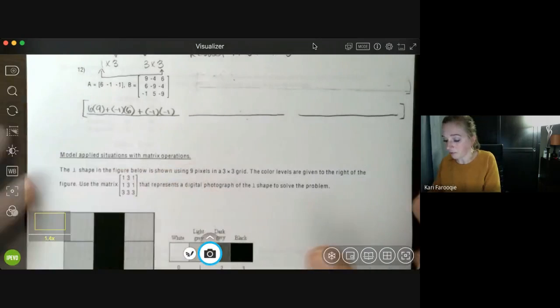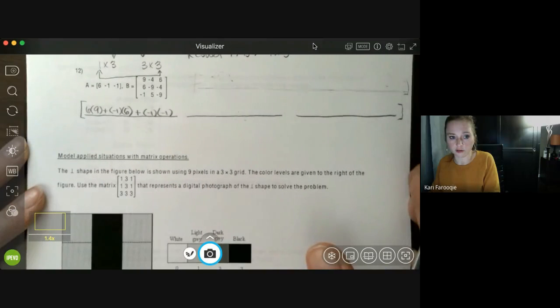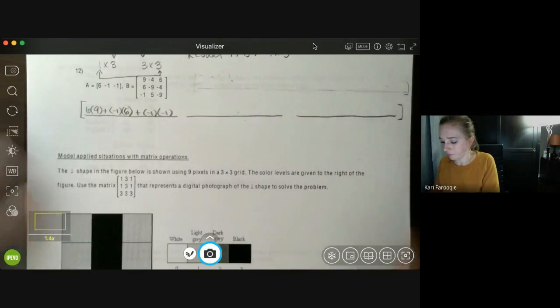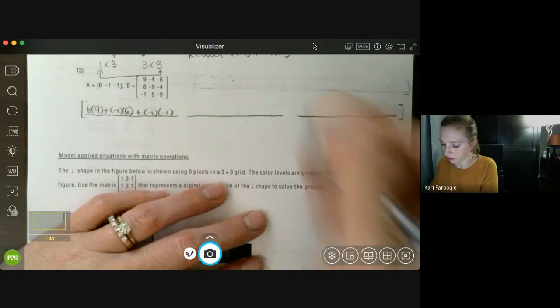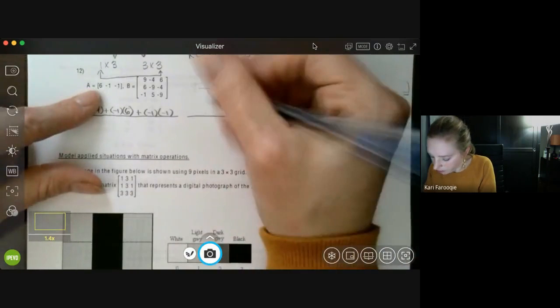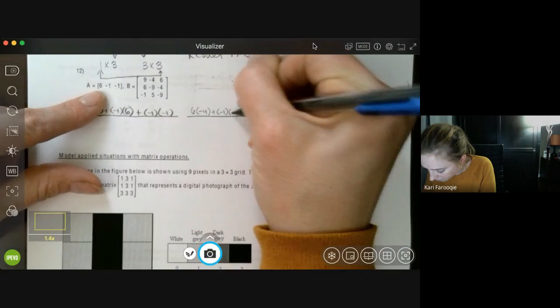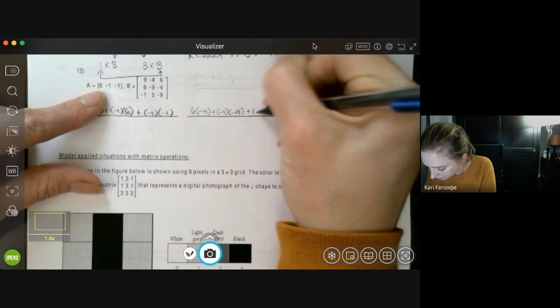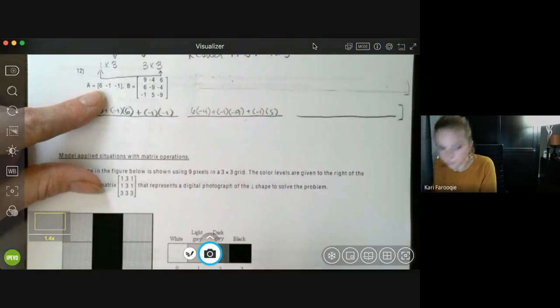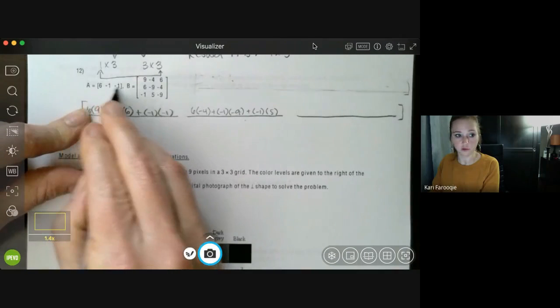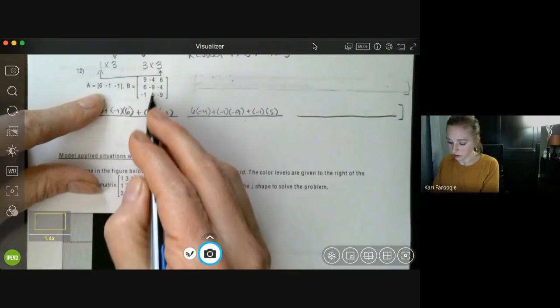And this is definitely something where I'm expecting you to show your work. This is not like a just give me the answer thing. You have to show me your work here. Okay, first row, second column. So I did the first row by the second column, and I added up all the little products.